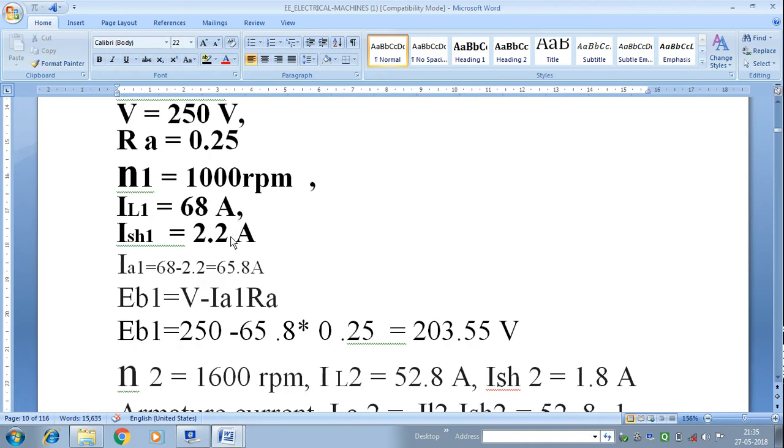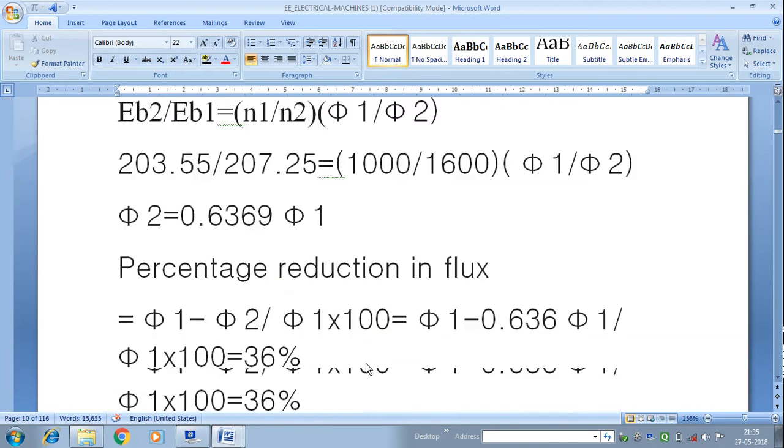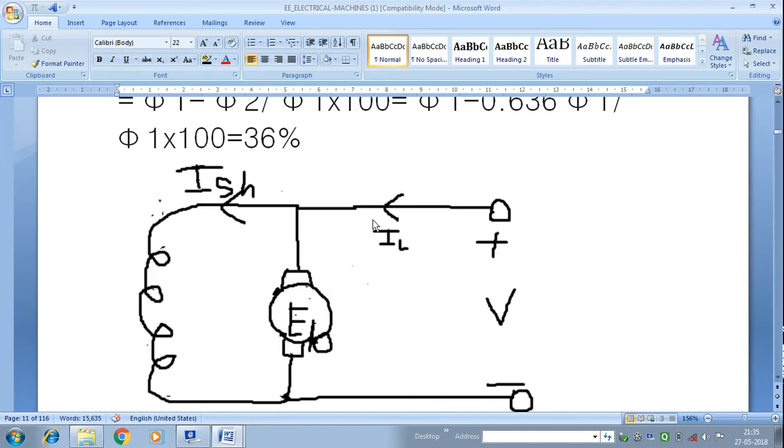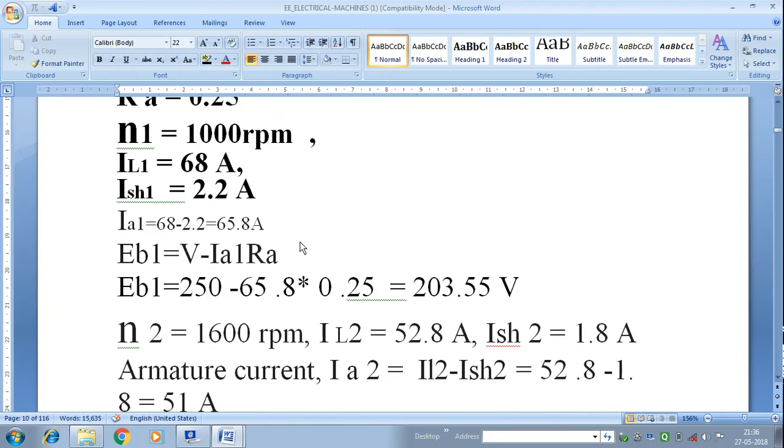Therefore, we can easily find IA1. IA1 is equal to line current minus ISH, because there are two parallel paths here. We know ISH and we know the line current, so you can easily calculate the armature current. IA1 is equal to 68 minus 2.2, that is 65.8 ampere.